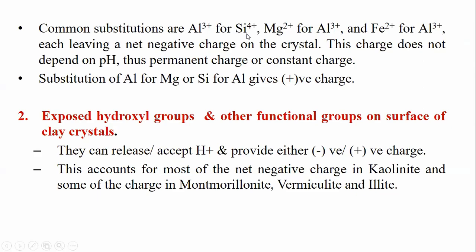Here 4 plus substituted by 3 plus, so there should be one negative charge. But where 2 plus is substituted by 3 plus, a lower charge one substituted by a higher charge one, definitely there should be a positive charge. Here the higher charge one substituted by a lower charge, there should be one negative charge. I hope it is very simple, a very basic thing.